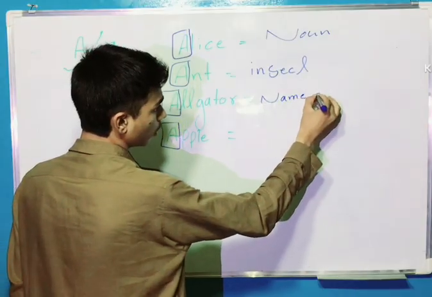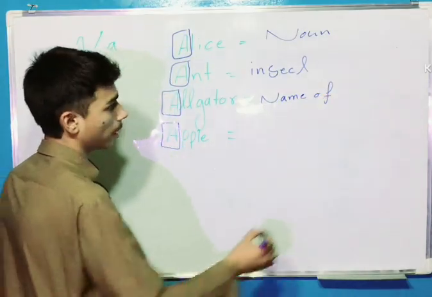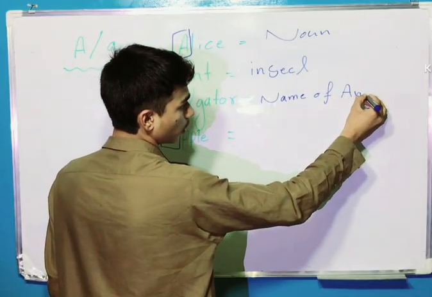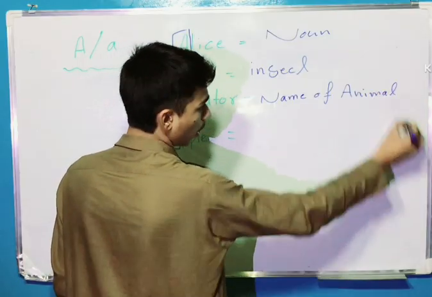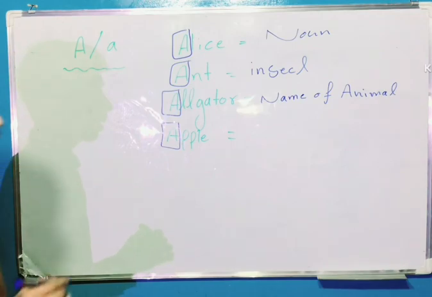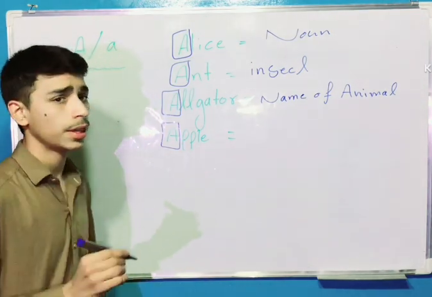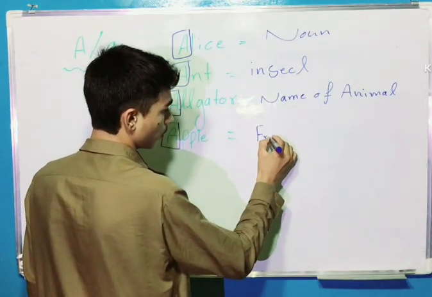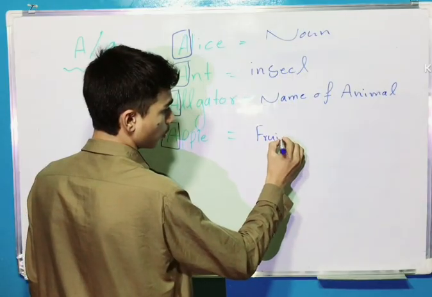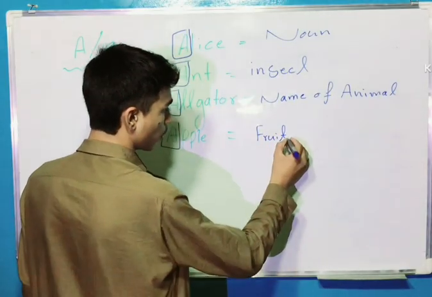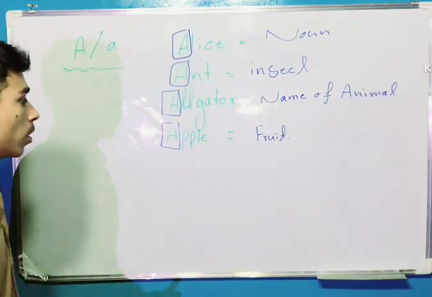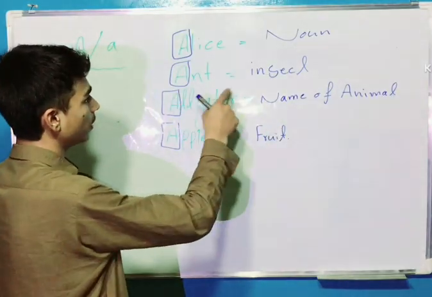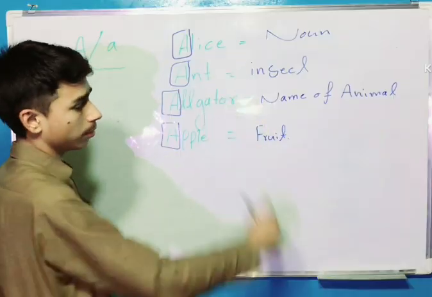Name of animal. And the last one is apple. Apple is name of and kind of the fruits. So apple is fruits, alligator is name of the animal, ant is insect, and Alice is noun.